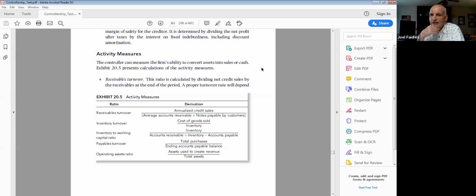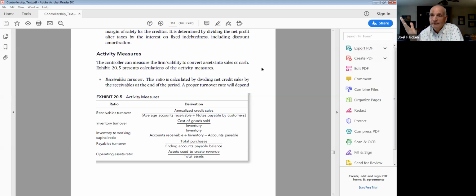If you just assume a 365-day year, it tells you how many days is the average accounts receivable. How old is it? Is it 28 days? Is it 27 days? Is it 33 days? And what was it last month? What was it last year? Is it going up, staying about the same, or going down? And then that encourages you to drill down as a controller into why those days of accounts receivable are getting more aged.